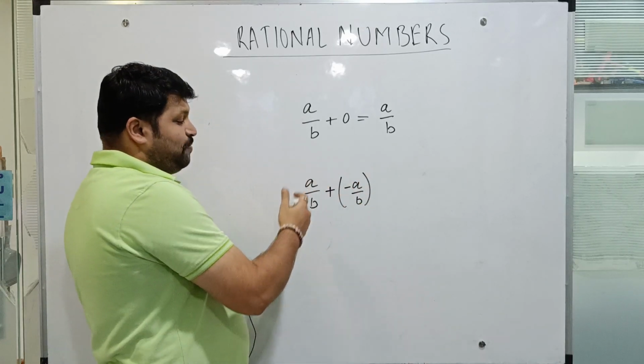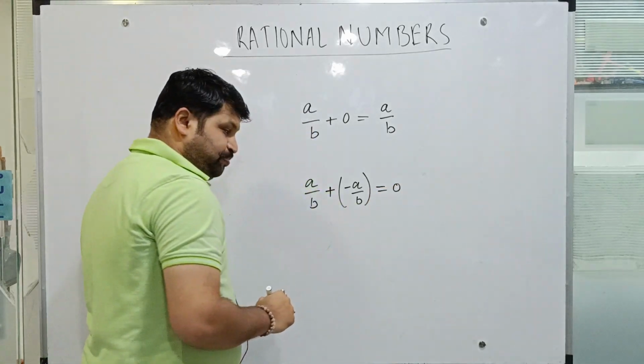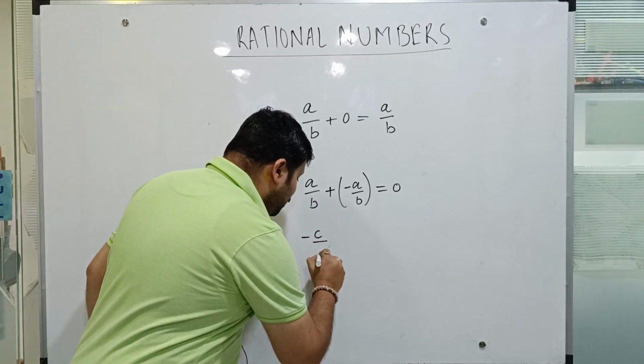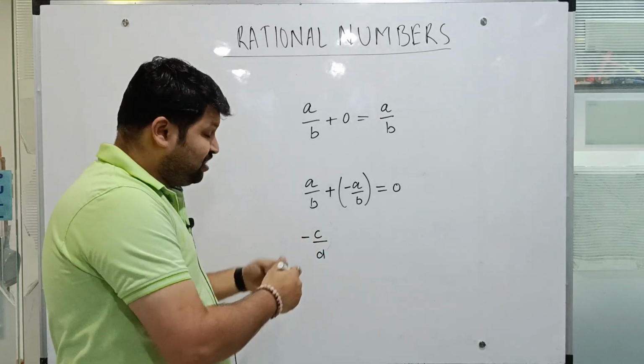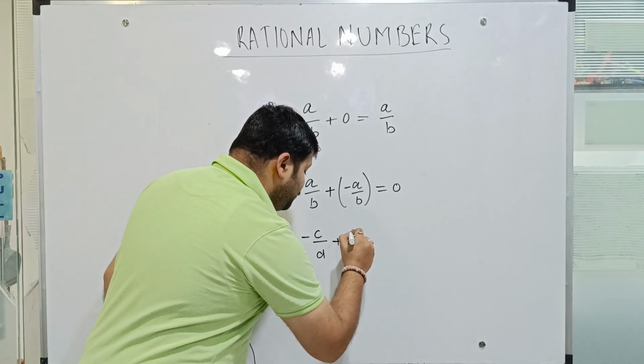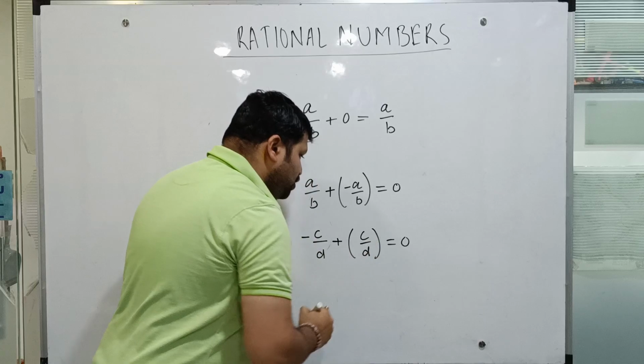So if I add a upon b and minus a upon b, my final answer would be equal to 0. If minus c upon d is my number, then for that the additive inverse would be c upon d, giving the final answer as 0.